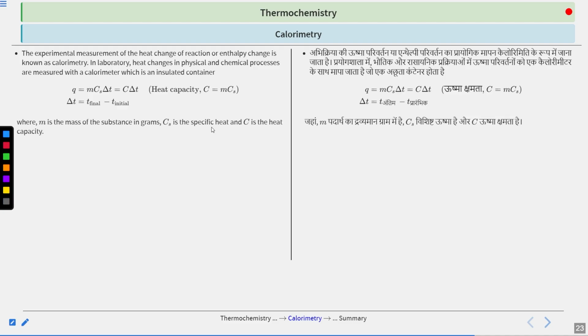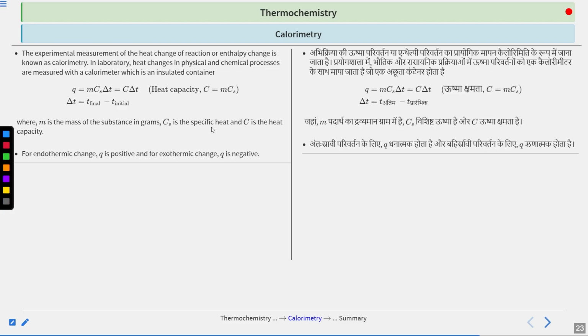For an endothermic reaction, Q is always positive, and for an exothermic reaction, Q is always negative. We know it very well: endothermic because heat is being given to the system, and exothermic means heat is given by the system.